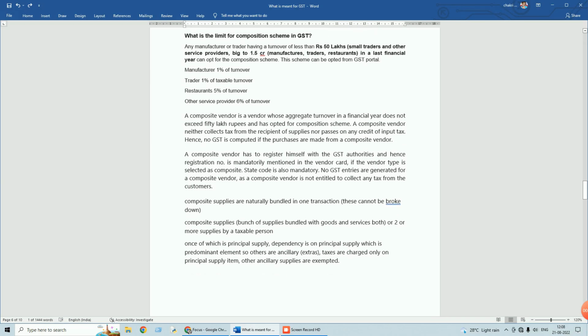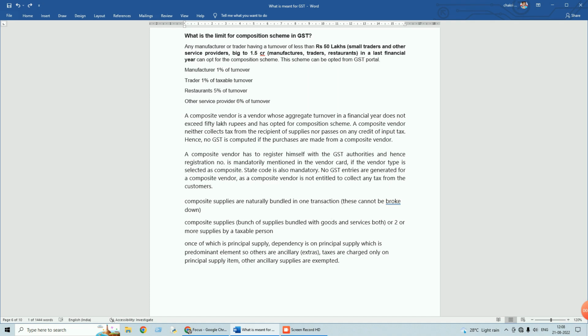Normally, what are composite supplies? Composite supplies are naturally bundled in one transaction. These cannot be broken down.